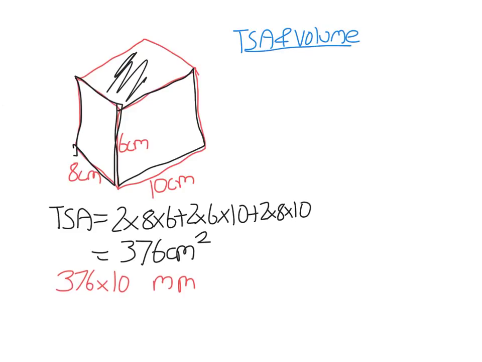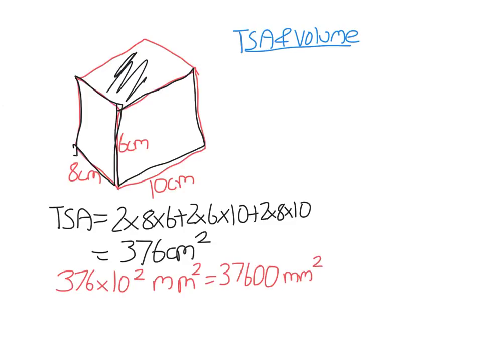However, when I'm converting square units, I have to square the conversion factor. So there are 10 millimeters in a centimeter, but there are 10 squared or 100 millimeters squared in a centimeter squared. So this would be not 3760, it'd be 37600. Times it by 100 millimeters squared.